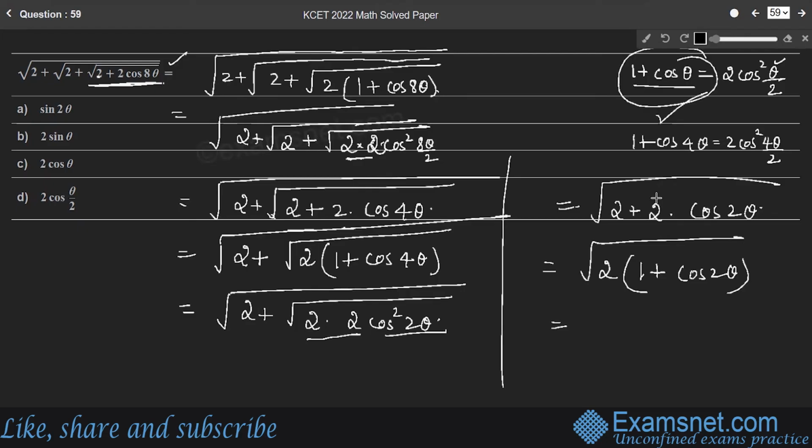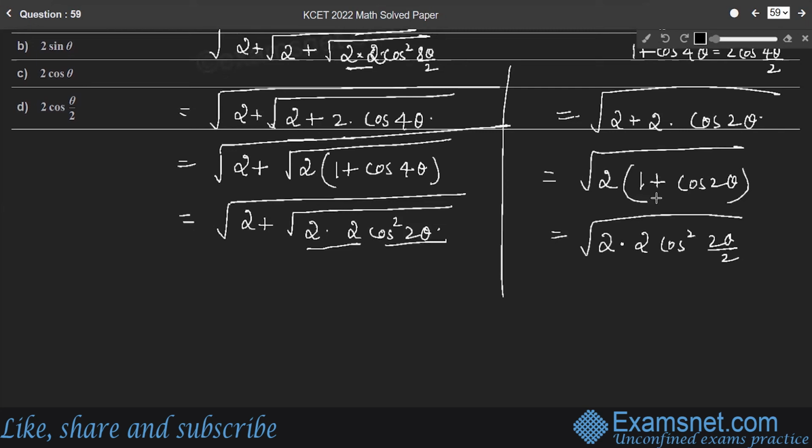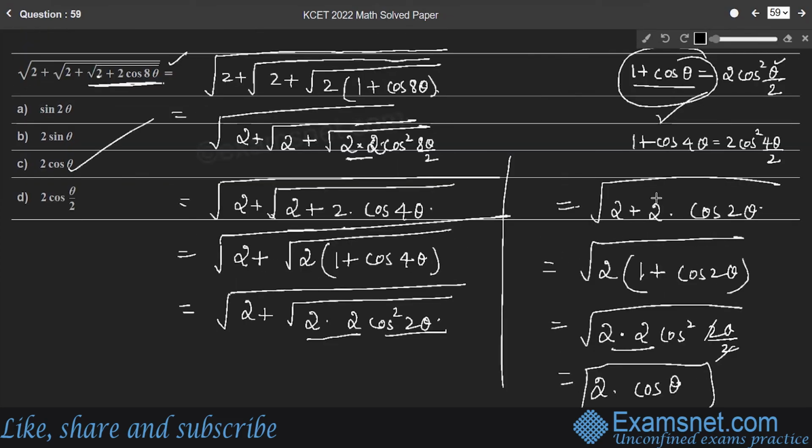So apply the same rule: root of 2 into 1 plus cos 2 theta can be written as 2 cos square 2 theta by 2, which is 2 cos square theta, right? 2 into 2 is 4, its root is 2, into root of cos square theta, which is cos theta. So 2 cos theta is the final answer, option C is the right answer.